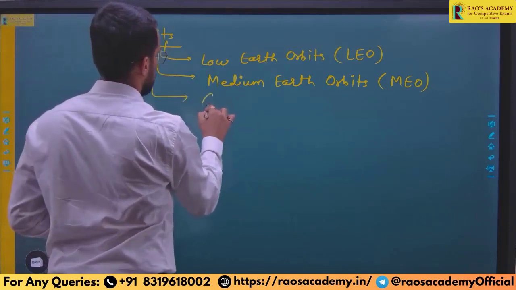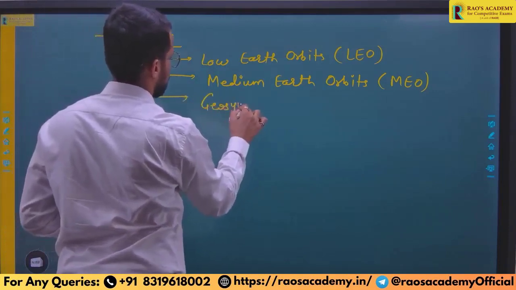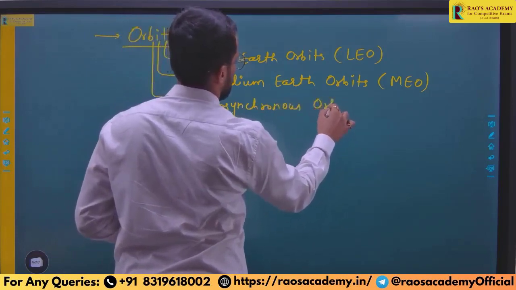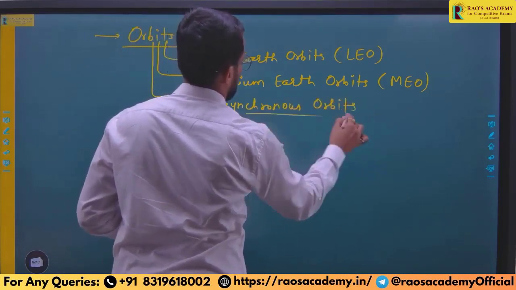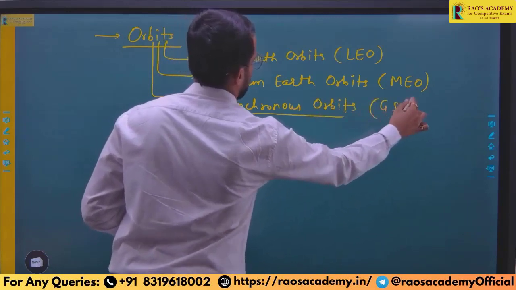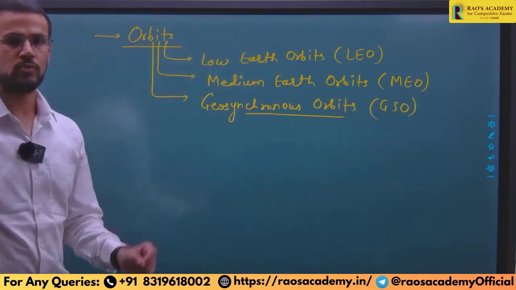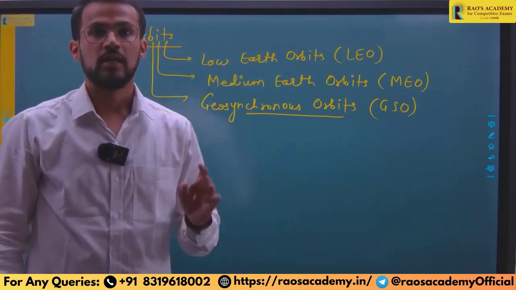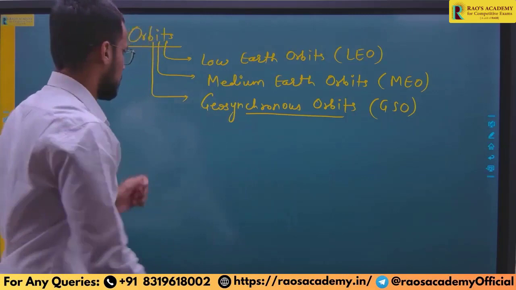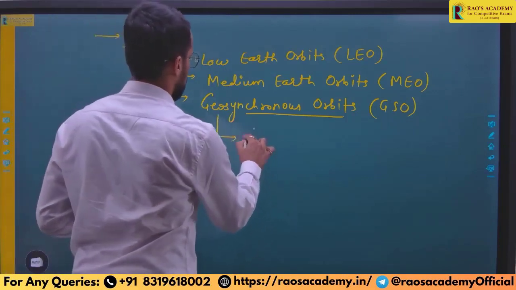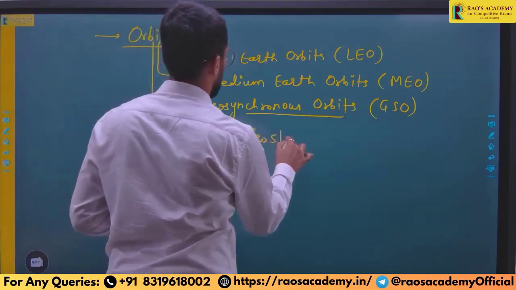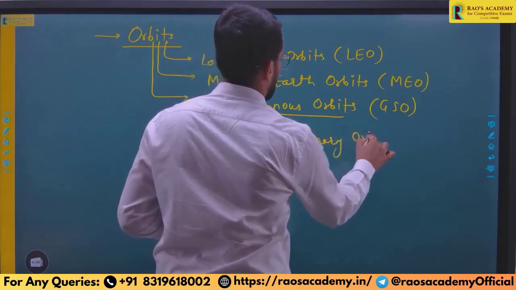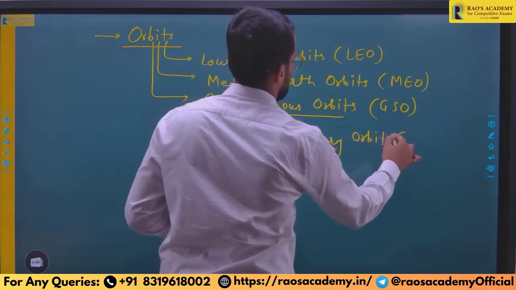Next we have geosynchronous orbit, also called GSO, and geosynchronous orbits are the most important orbits for the launch of telecommunication satellites. And there is a special case of geosynchronous orbit, which is geostationary orbit, also called GEO.